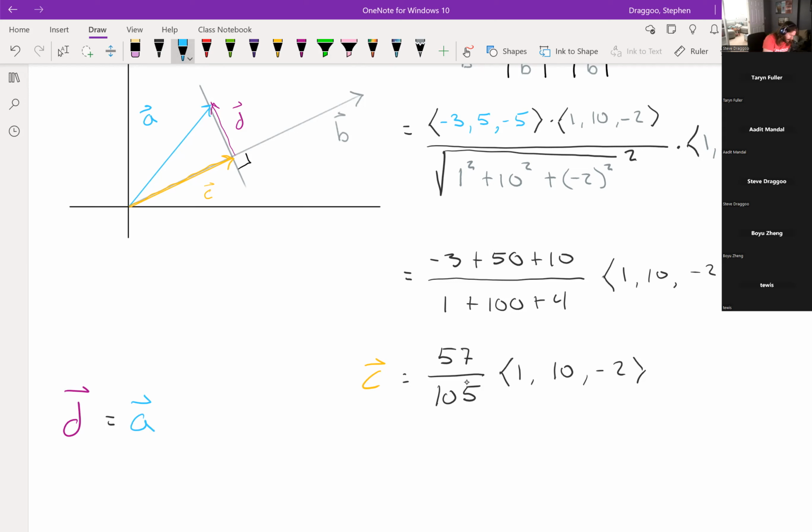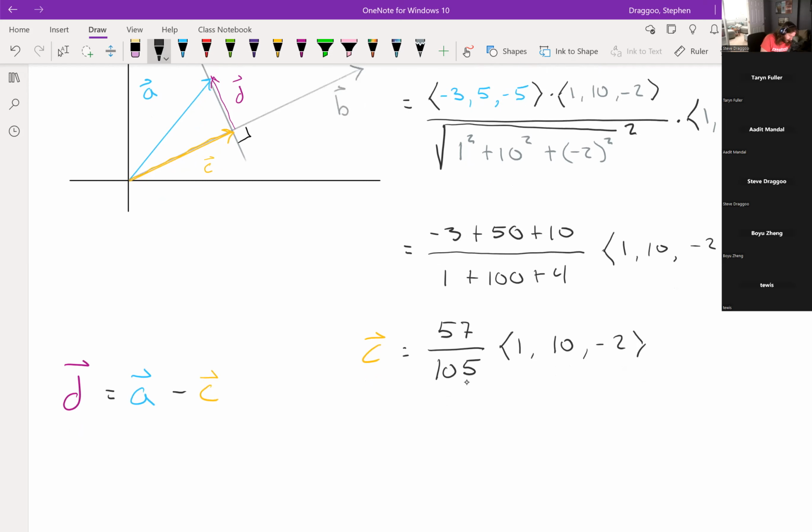So to calculate that perpendicular component, I'm just going to take A and subtract C. And we have all of that already. A is the vector -3, 5, -5. And C is the vector 57 divided by 105 times 1, 10, -2.